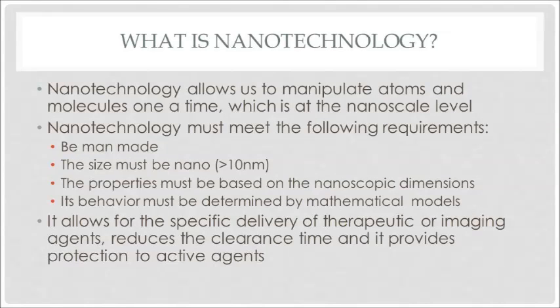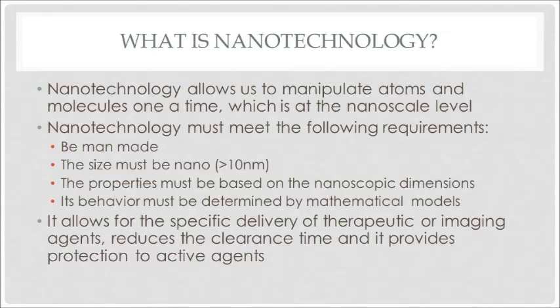What is nanotechnology? Nanotechnology allows us to manipulate atoms and molecules one at a time, which is at the nanoscale level. In order to be a nanotechnology device, it must meet the following requirements. It must be man-made. Its size must be in nano, but it must be greater than 10 nanometers.